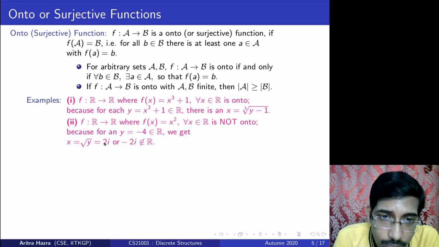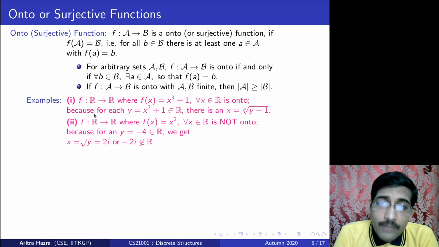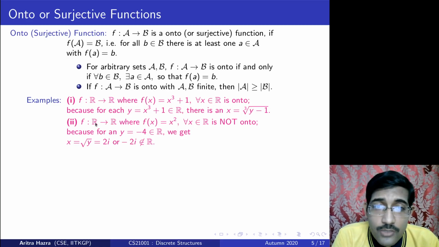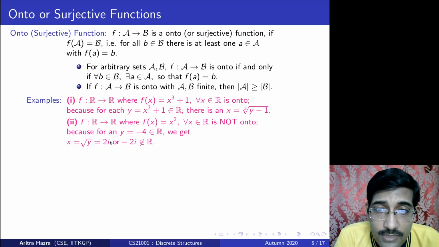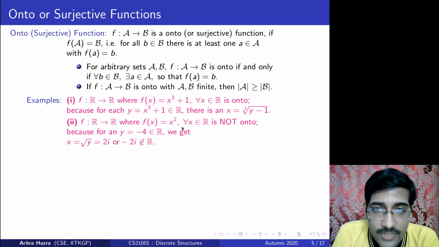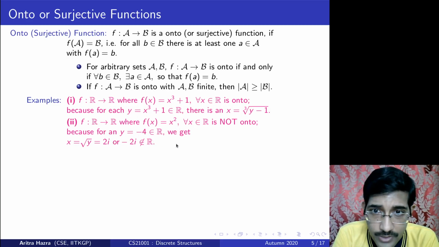Provided we allow the set of complex numbers as well, that element would be present. But in our case, since we only allow real numbers, it is not a member of this. So we say that this function is not onto because I have an element whose pre-image is not present.